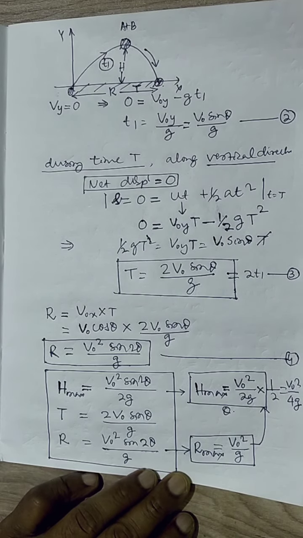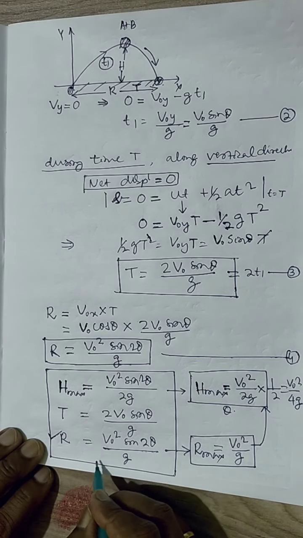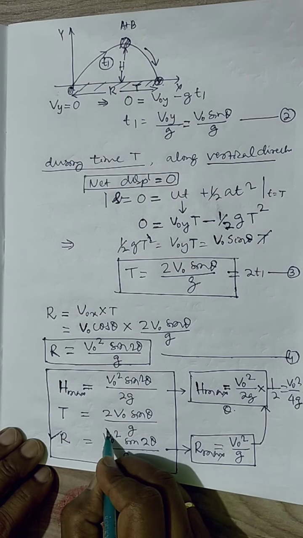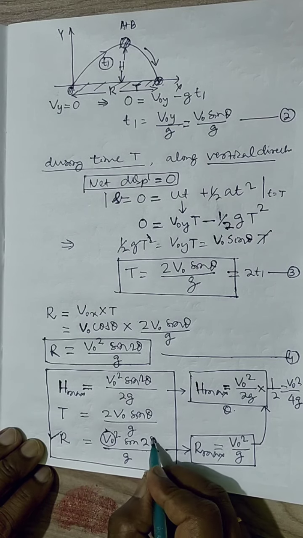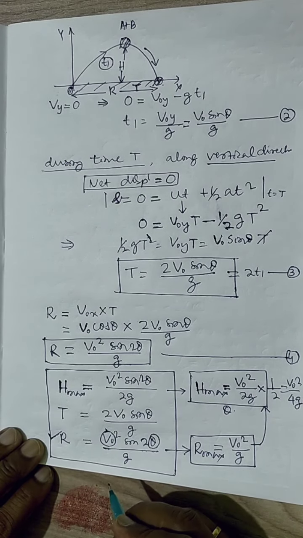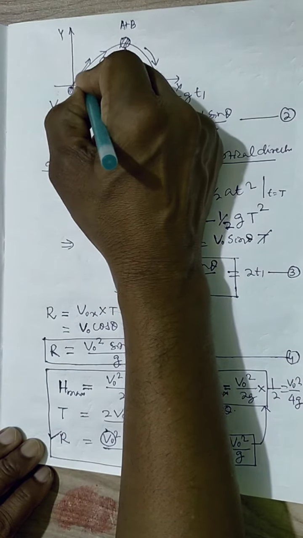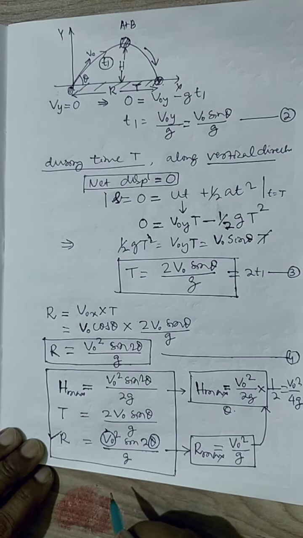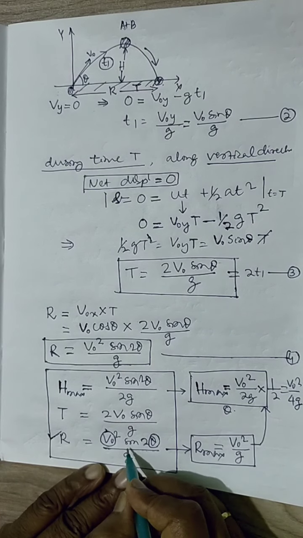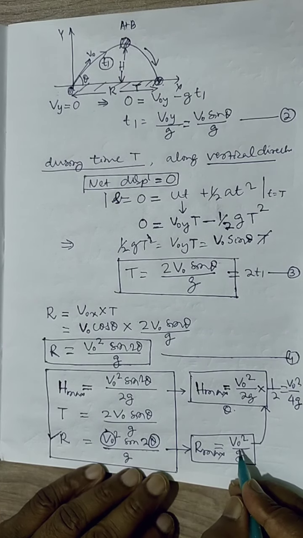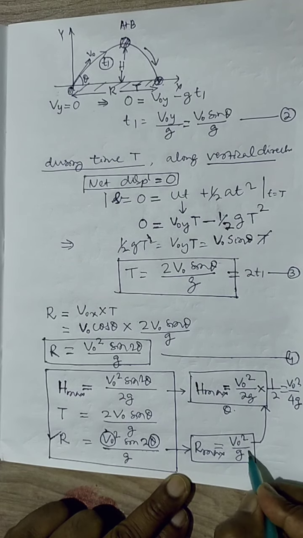That means this is the range if an object is thrown with some initial velocity v0 and with a certain angle theta with the x-axis. To attain maximum range, this sin 2 theta part becomes 1 and the maximum value becomes v0 square by g.